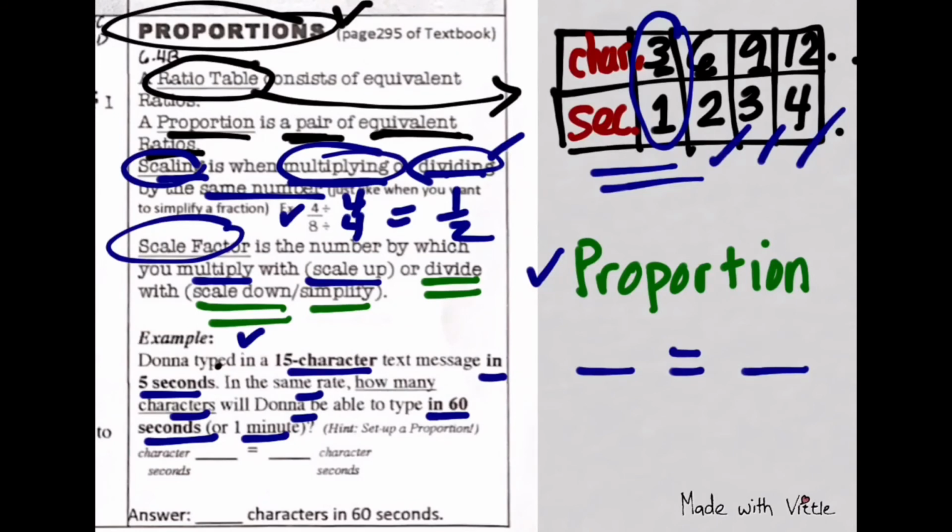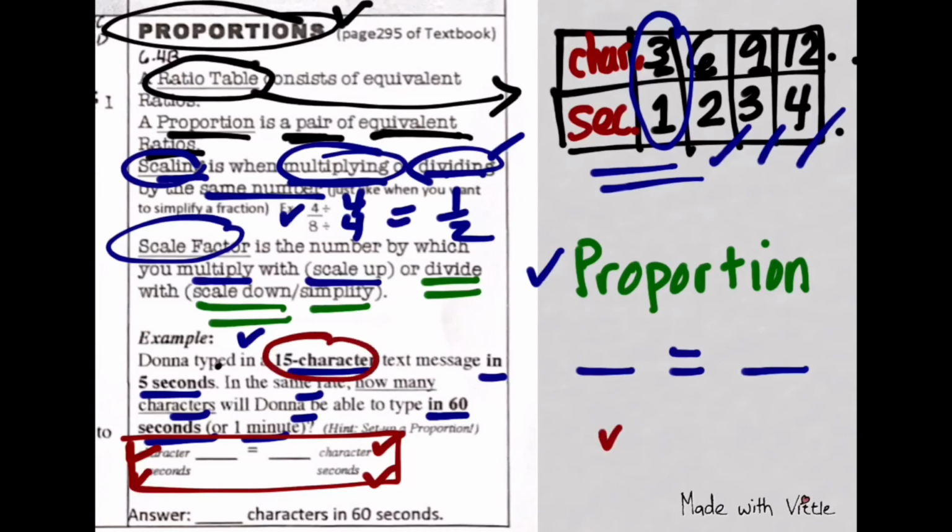Now, when you're setting up a proportion, you have to remember the rule is you have to write down the number of characters across the number of characters and the number of seconds across the number of seconds. So our first ratio here will be the 15 characters in 5 seconds. So 15 characters over 5 seconds.